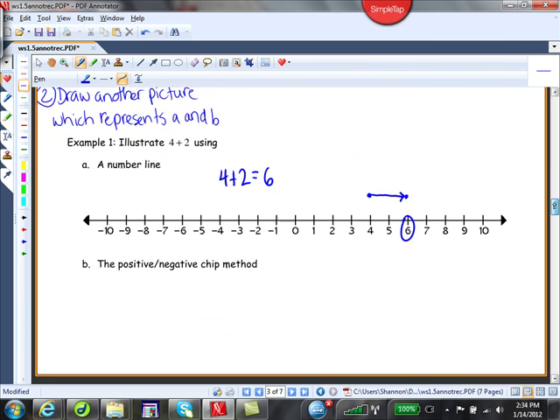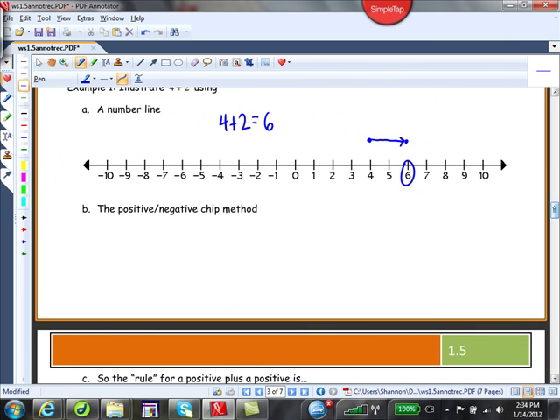So let's go down here and represent the positive negative chip method. So here you just start out by drawing your a. So our a this time is 4, and it's positive 4. So we'll write the 4 positives.